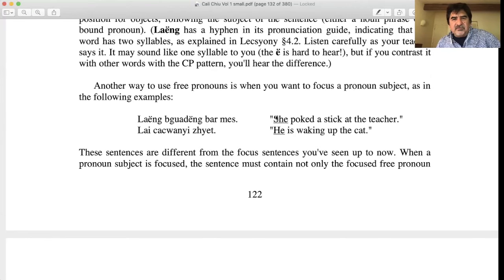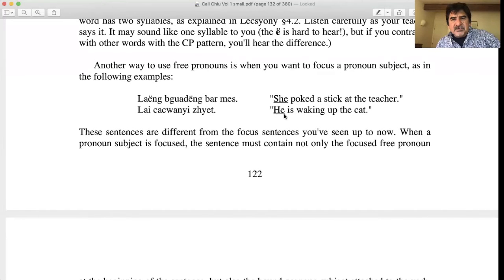So she is the focus, so that's here. All right. The next sentence is he is waking up the cat. Lie, that one, right? Distal. So if it is she, lang, and you need to use the N2E dots here as well. So if you can see here, lie, and this is the I form, okay.